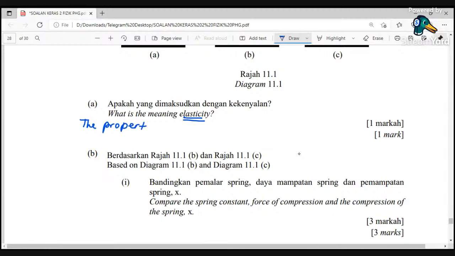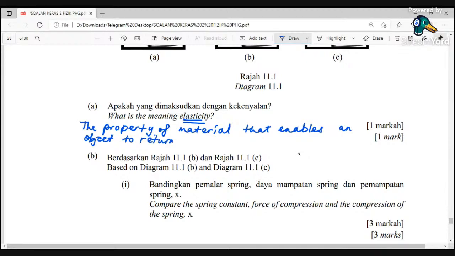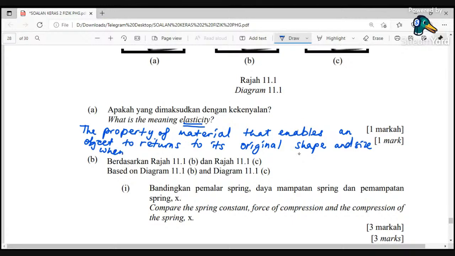The property of material that enables an object to return to its original size when the force supplied is removed.